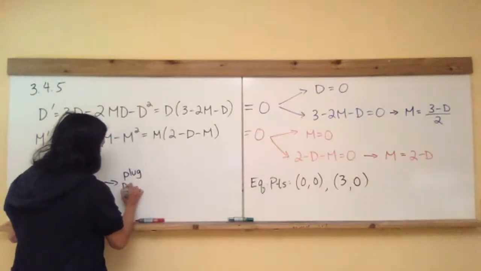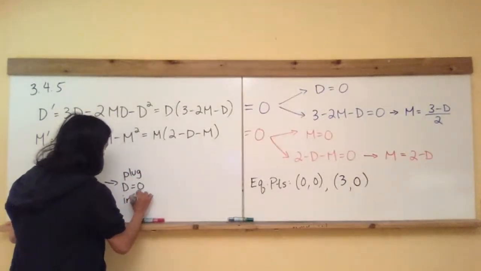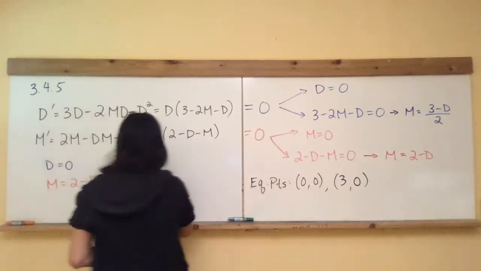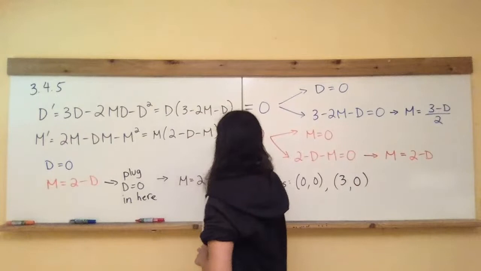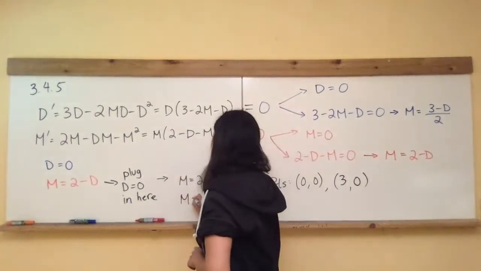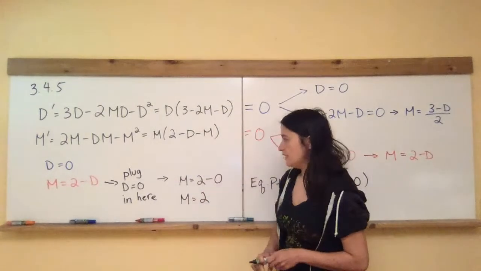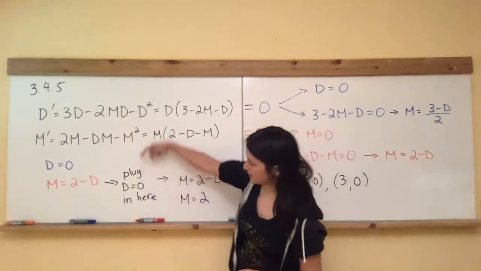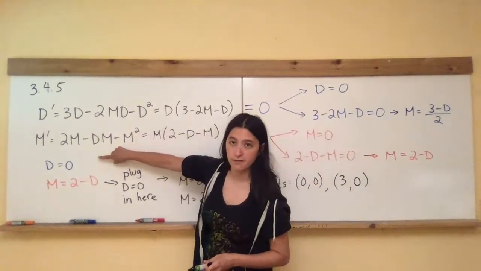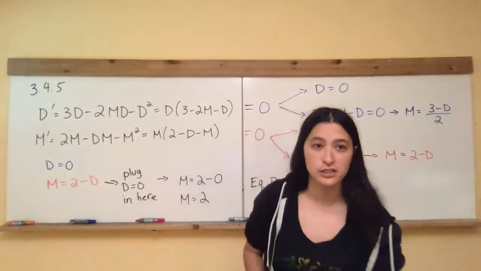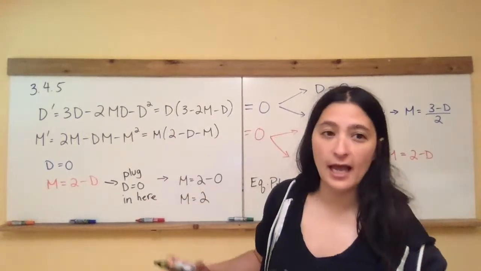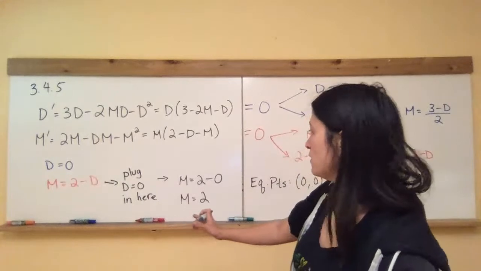Plug D equals 0 in here to this equation. And so I get M is equal to 2 minus 0, which means that M is equal to 2. Right? I plugged in D is equal to 0 because that was one of the equations. So I took one equation, plugged it into the other equation, and then I get M is equal to 2.